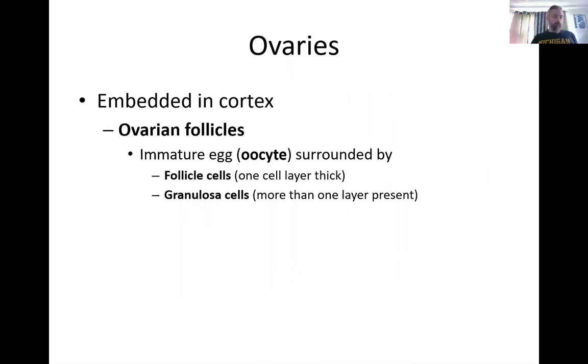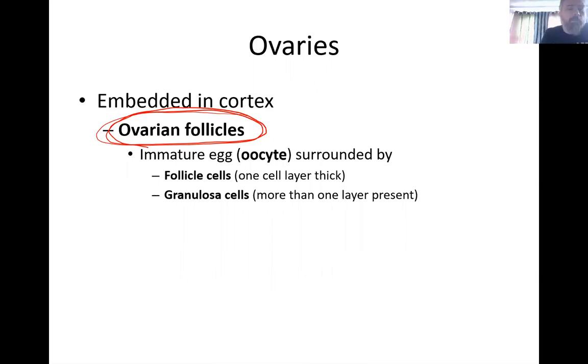Now, development of the ovary, the ova within the ovary, is a pretty interesting story. We're going to gloss over parts of it here. We're not going to spend a huge amount of time with it, but we'll hit the highlights. We're going to start with a structure called a follicle, and the fact that this is a follicle becomes really important for us later on.